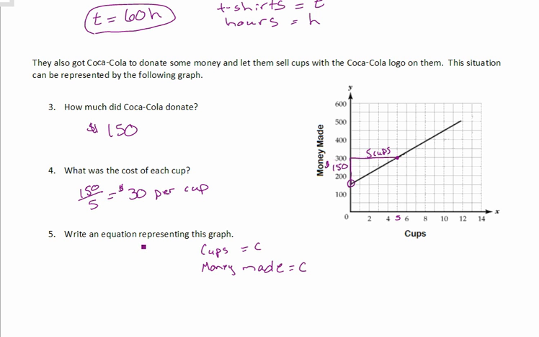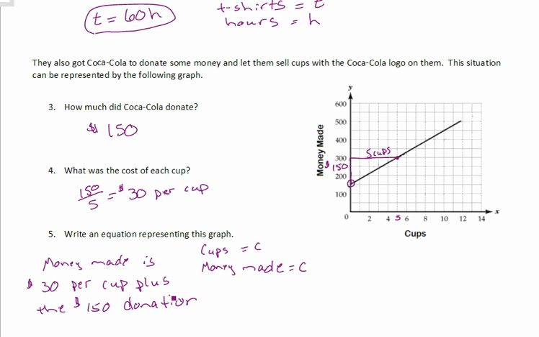Okay, so again, writing equations, sometimes that's the best way to start. So the money made is $30 per cup plus the $150 donation.